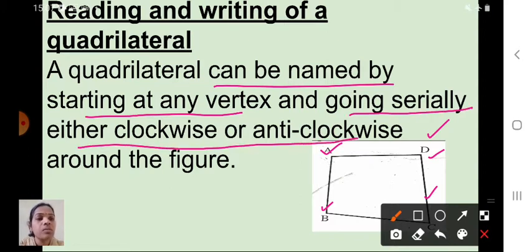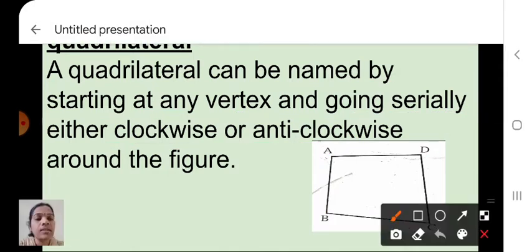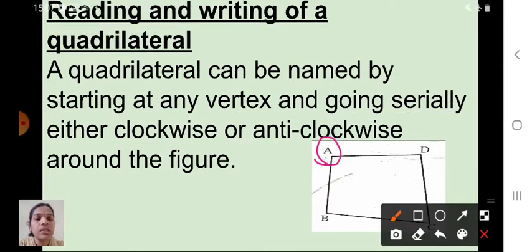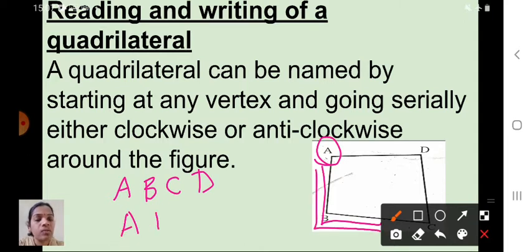See here, suppose I have to start the name with vertex A. So the name of the quadrilateral is what? A, B, C, D. Yes, this is clockwise, and this one is anti-clockwise.